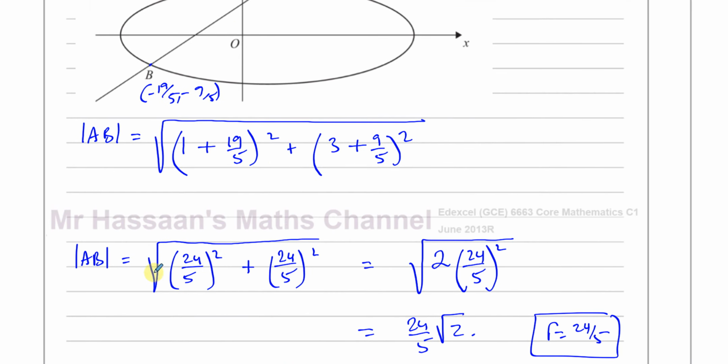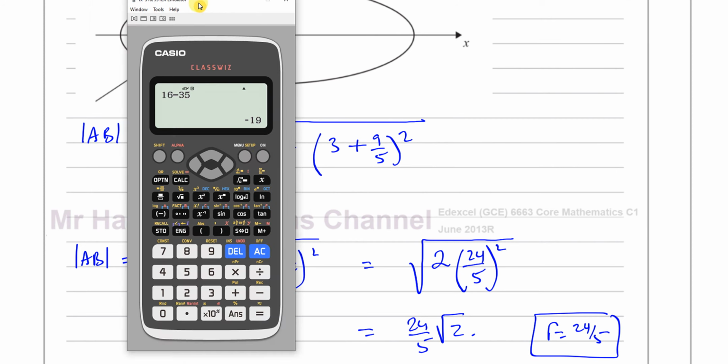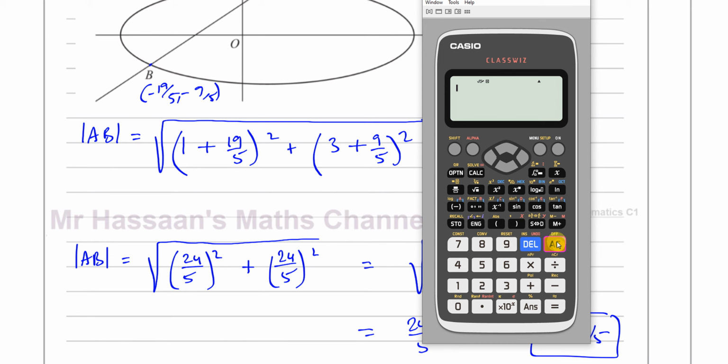If you were to do it nowadays, you would just stick this all in your calculator and you'd get your answer, and that would be a good way for you to check to make sure your answer is correct. You would say, okay, the square root of 1 plus 19 over 5, all squared, plus 3 plus 9 over 5 all squared, and that gives you 24 over 5 times root 2, exactly what we found over here. In the old days, you couldn't even take a calculator with you in the exam for this paper.